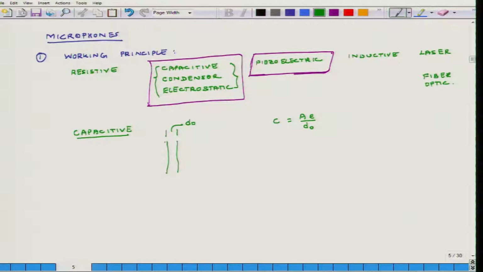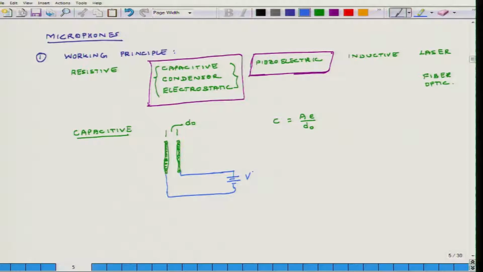And so let us say these are the two plates, and I put a charge on these two plates by connecting them to a battery.